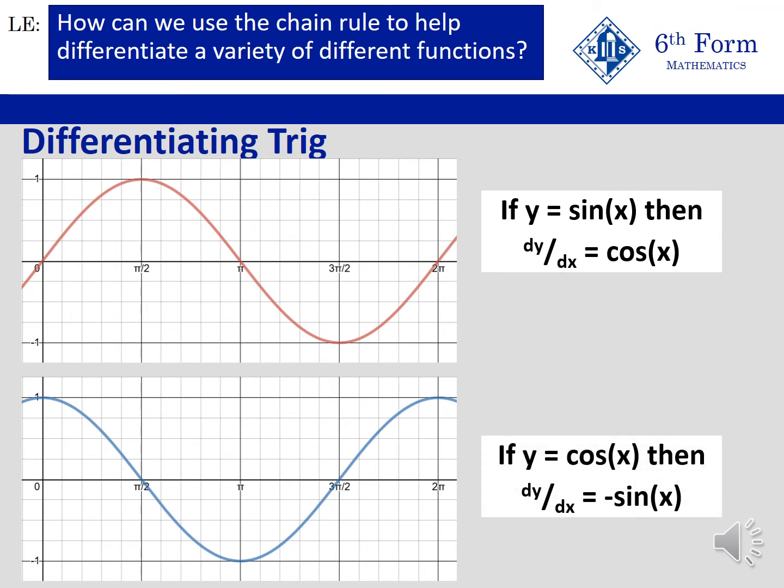So we now have the result that if we have y equals cosine x, then if we differentiate that to get dy by dx, we're going to end up with negative sine x.